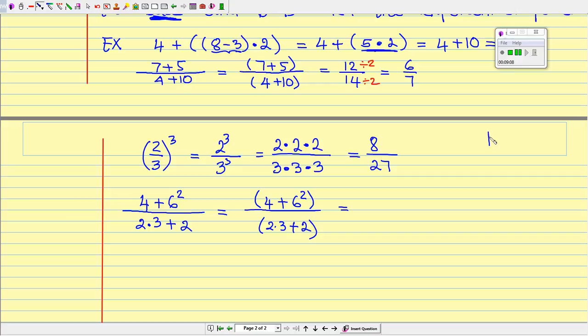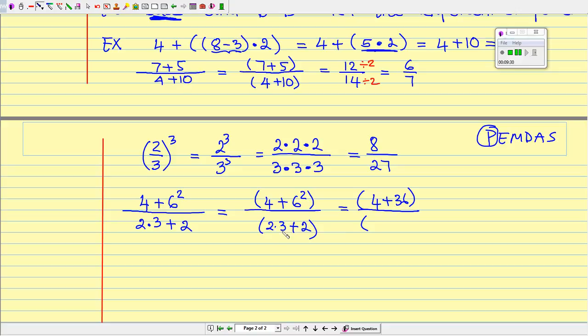Okay, now I'm going to go ahead and apply the order of operation again. So we take care of parentheses first. So inside parentheses, I have 4 and take care of the exponent. So 6 squared will be 36.